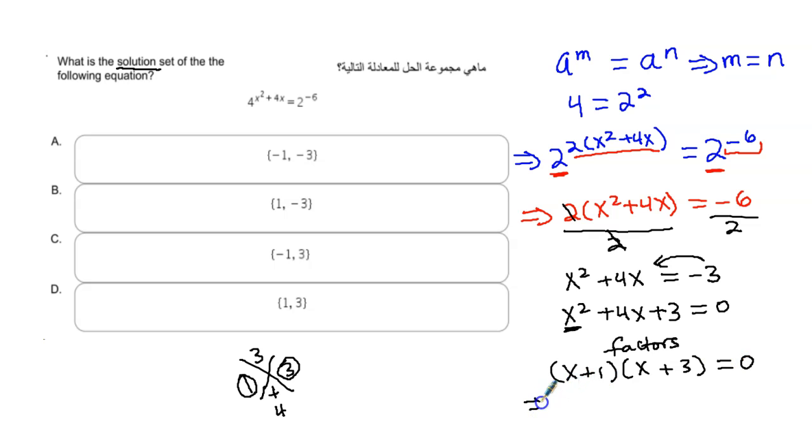So this implies that x is equal to negative 1 and x is equal to negative 3 are the solutions. For the solution set, we are going to write it as negative 1, negative 3.